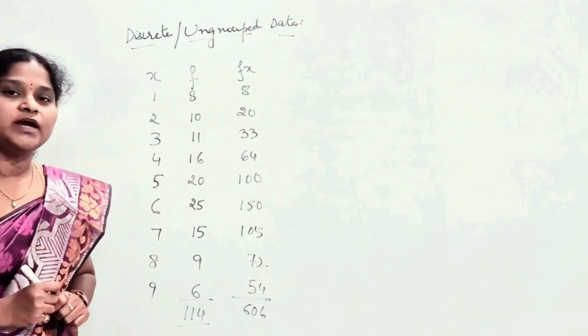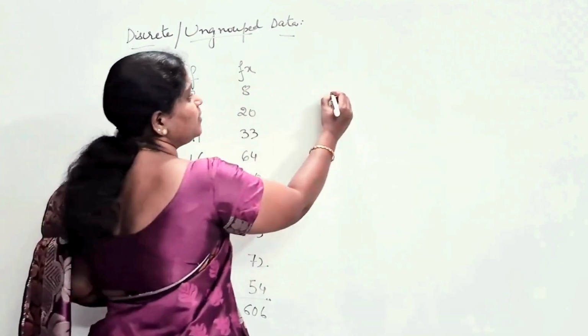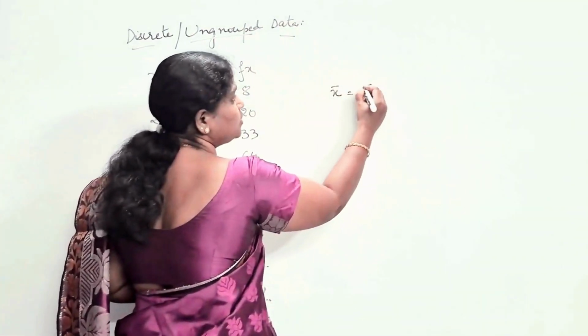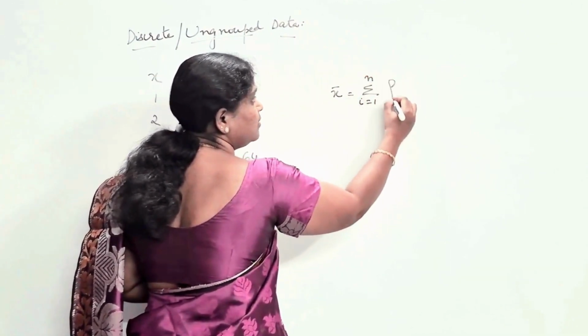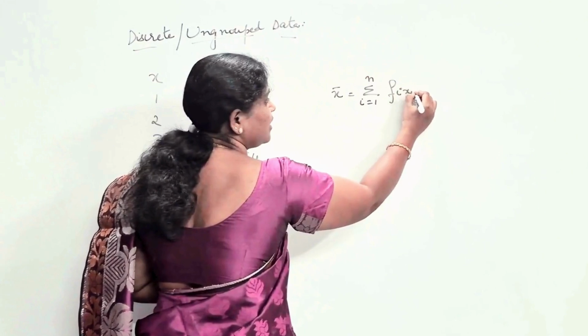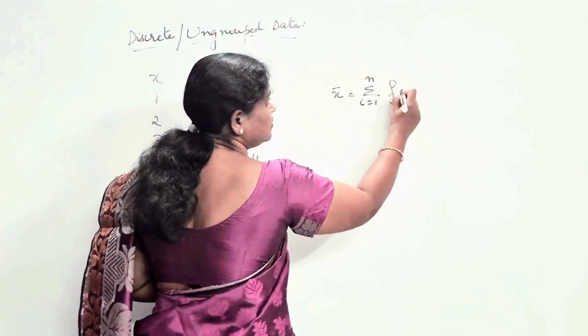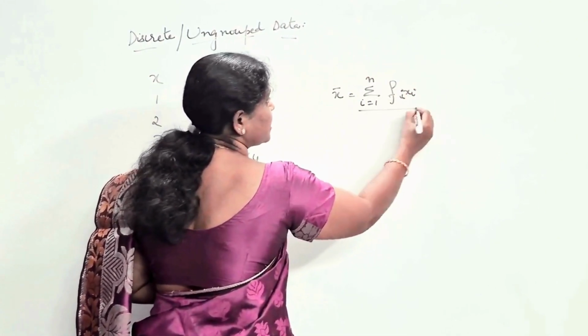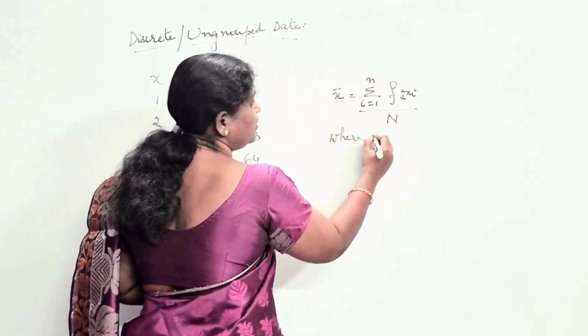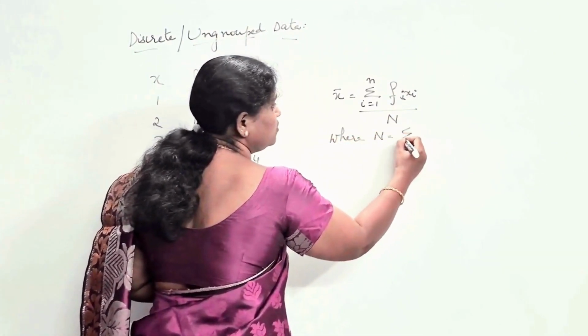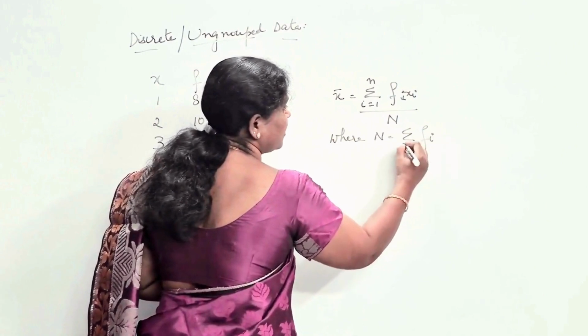Our formula to find out arithmetic mean will be x bar is equal to sigma i runs from 1 to n fi xi by capital N, where capital N is equal to sigma fi.